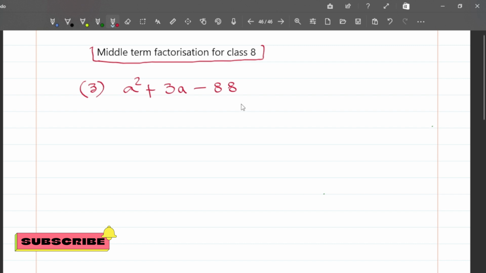So again there is a negative sign in front of 88. So we need the factors of 88 such that the subtraction of the factors should be 3.